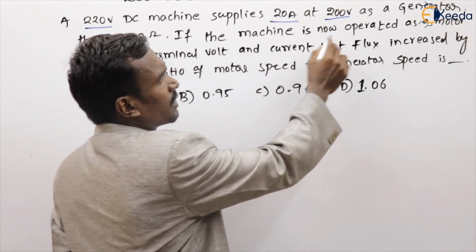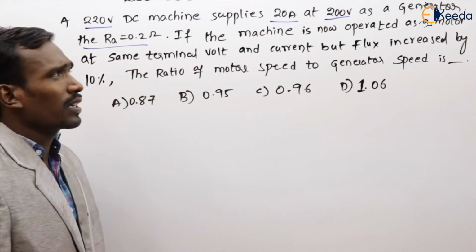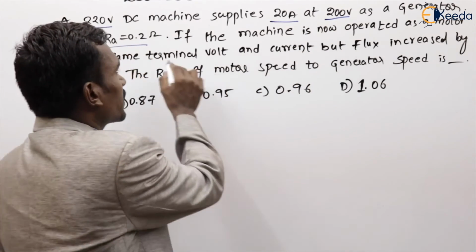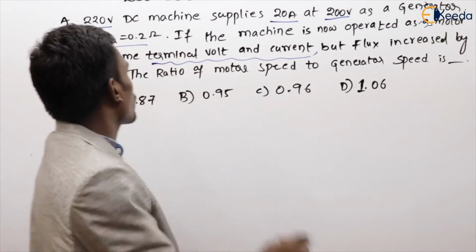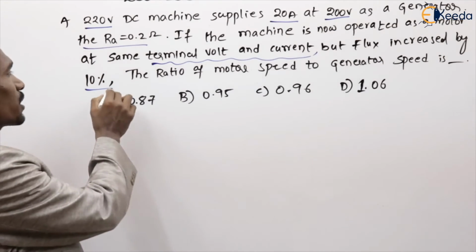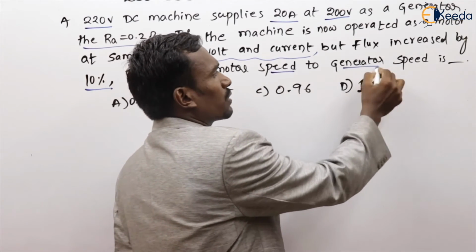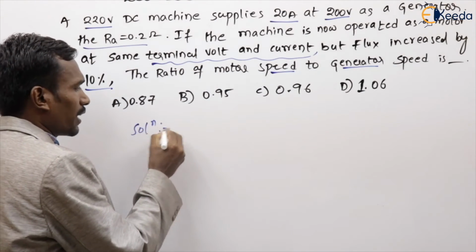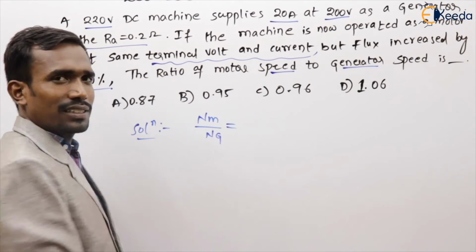If the machine is now operating as a motor at the same terminal voltage and current, but the flux increased by 10%, the ratio of motor speed to the generator speed is what they want.